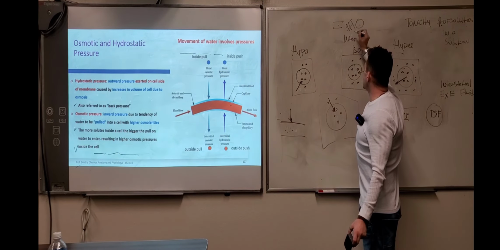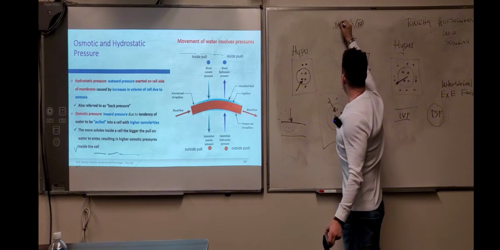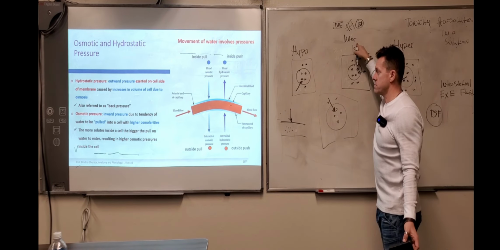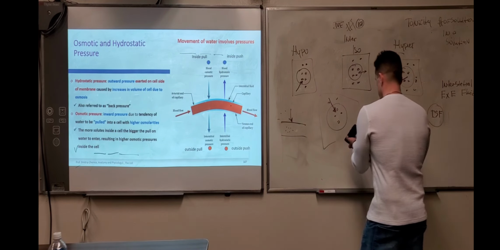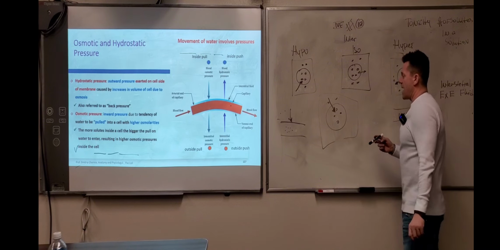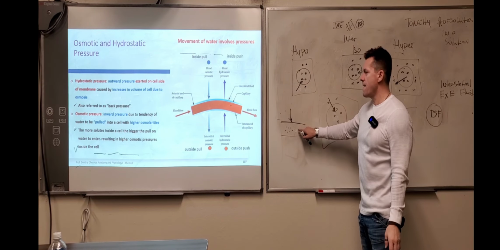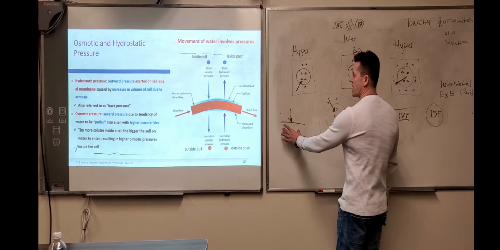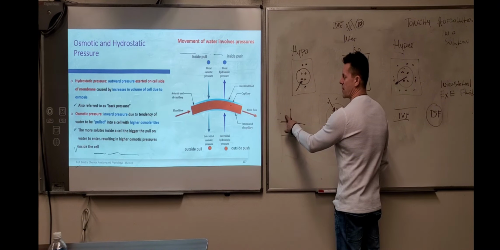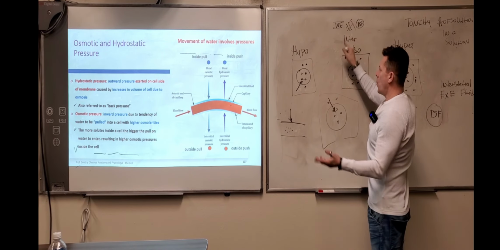Intracellular fluid or space, intravascular fluid or space, and interstitial fluid or space. So when we say intravascular high osmotic pressure, it means that there is the highest concentration of solutes inside of the blood compared to what's outside of the blood vessel. What's outside of the blood vessel? There's interstitial space. Why is it important?